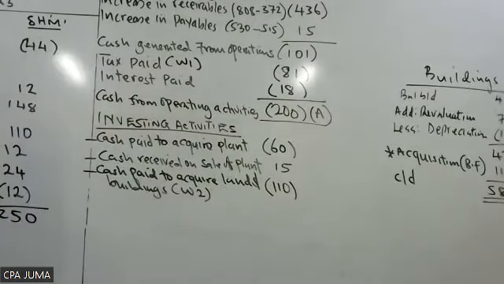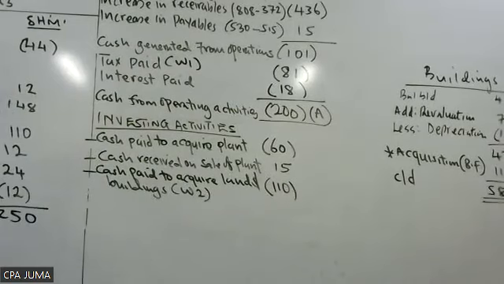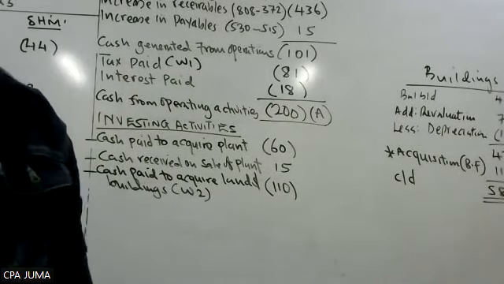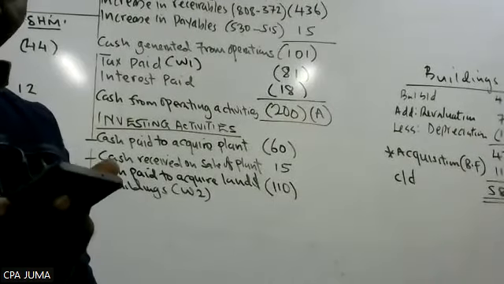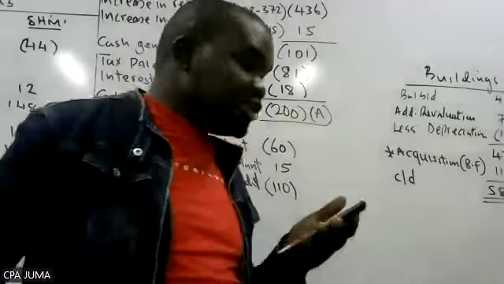That is cash outflow. Then under investing, you check another non-current asset. The other non-current asset is intangible. Intangible, we got amortization, so we forgot about it.